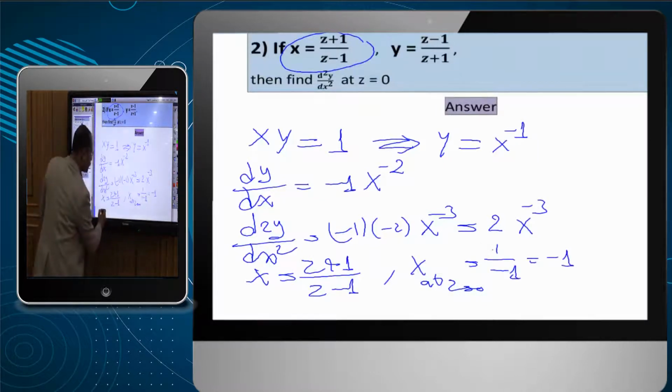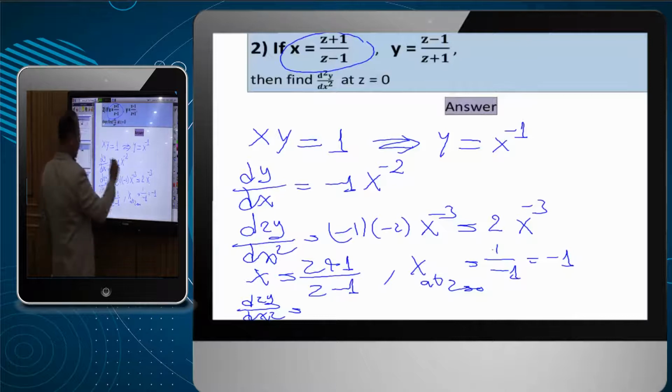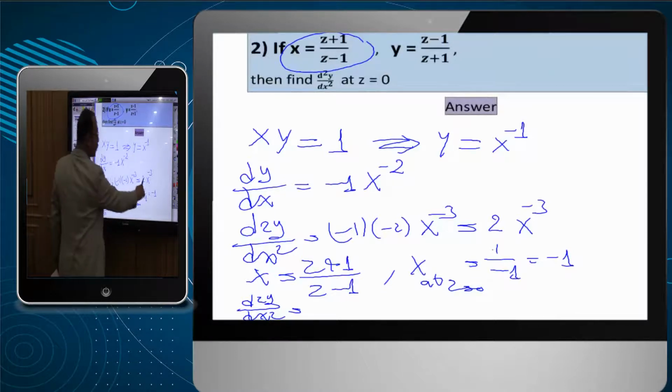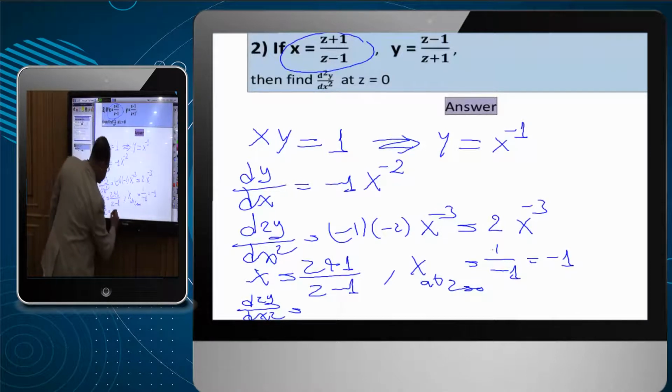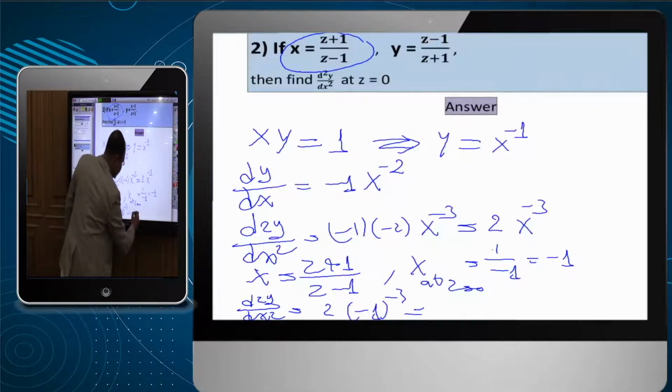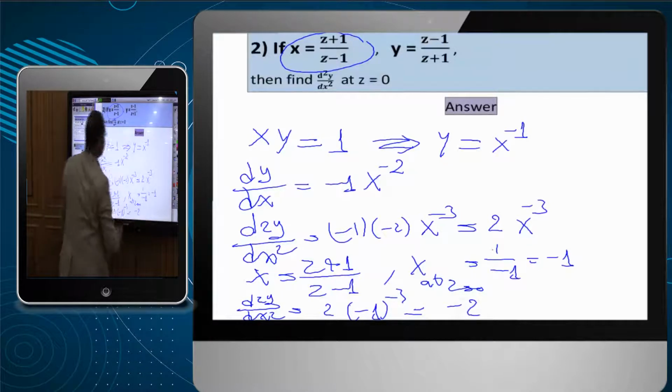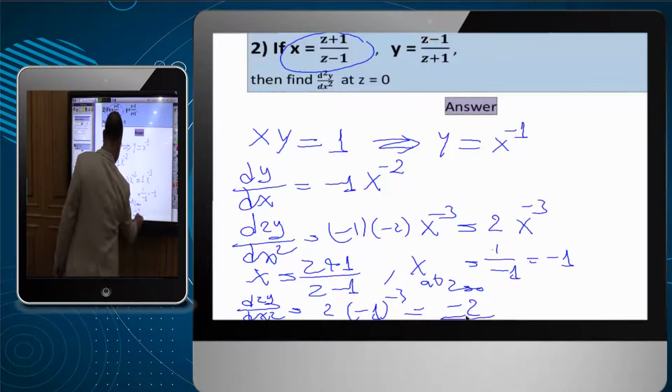Then d2y by dx squared equals 2x power negative 3, 2 and negative 1 power negative 3 equals 2 times negative 1 equals negative 2. Then the answer is, the value of d2y by dx squared is negative 2. Next.